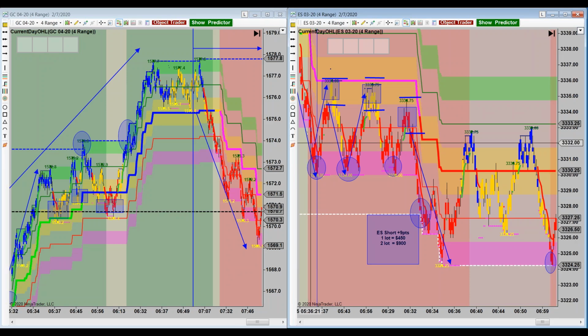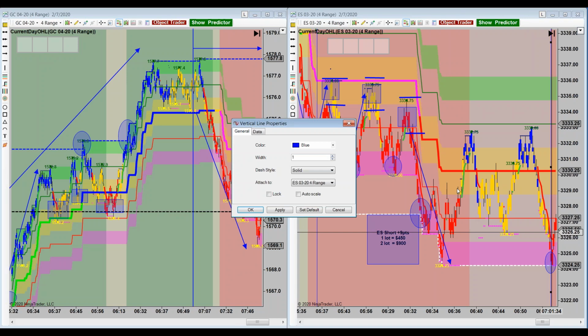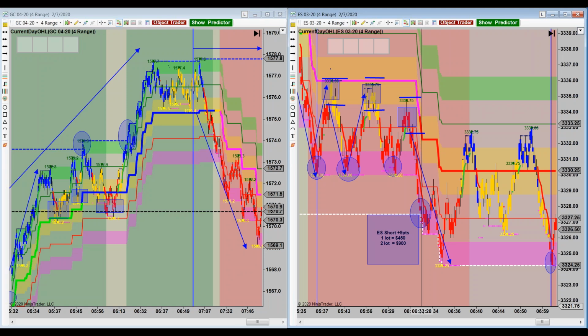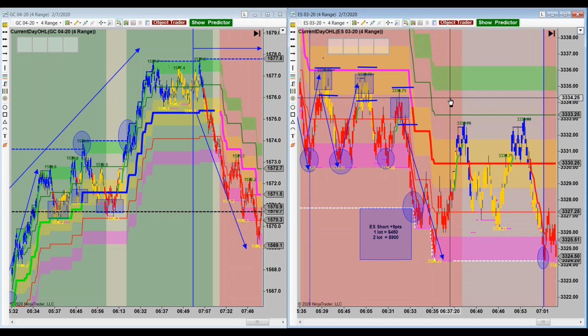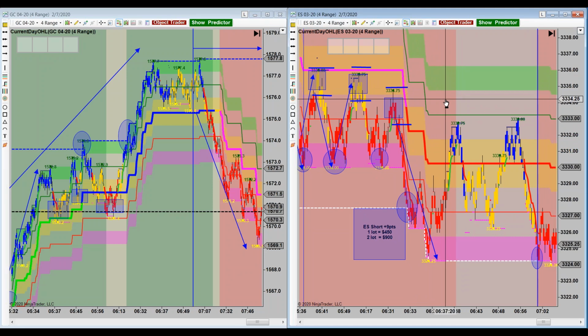Just for giggles, I'm going to put a horizontal line right at that demarcation point of hitting the low of the day at 7 o'clock, right here. Okay? Just for giggles. There we go. Here we go. Breaking it by a tick. Breaking it by a tick.